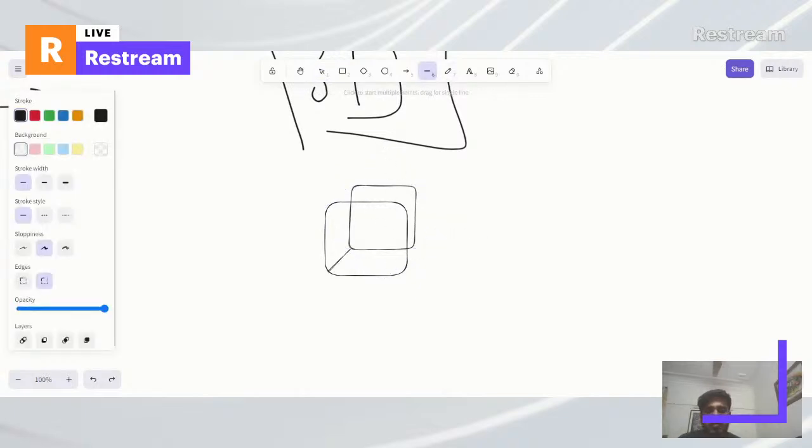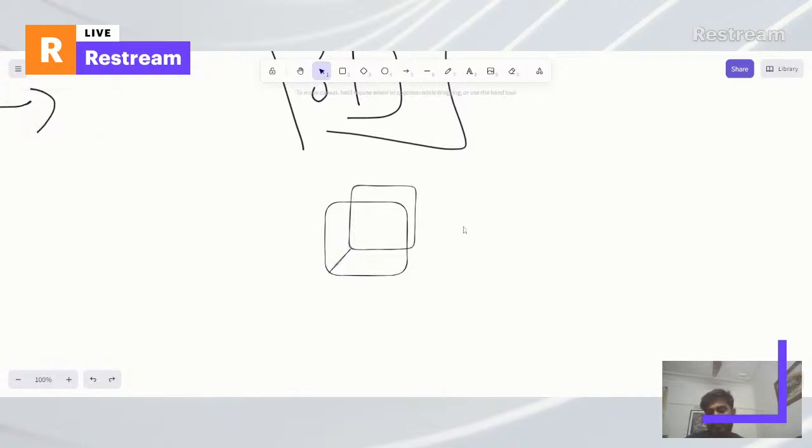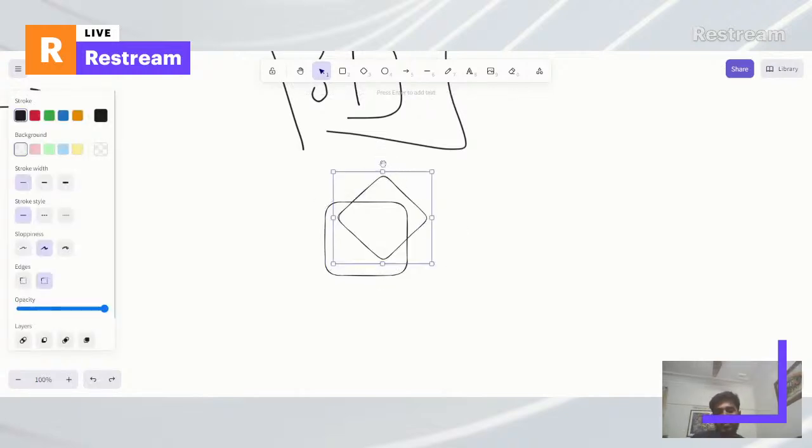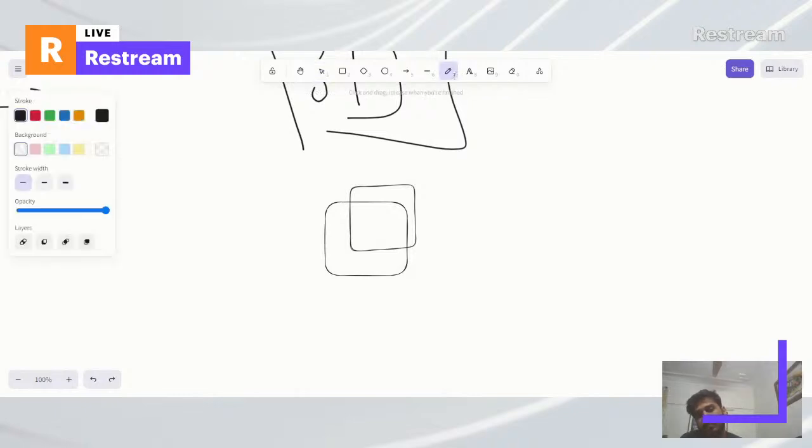Now if I connect these lines like this, so two squares make up a shape called a cube. So this shape is called a cube.